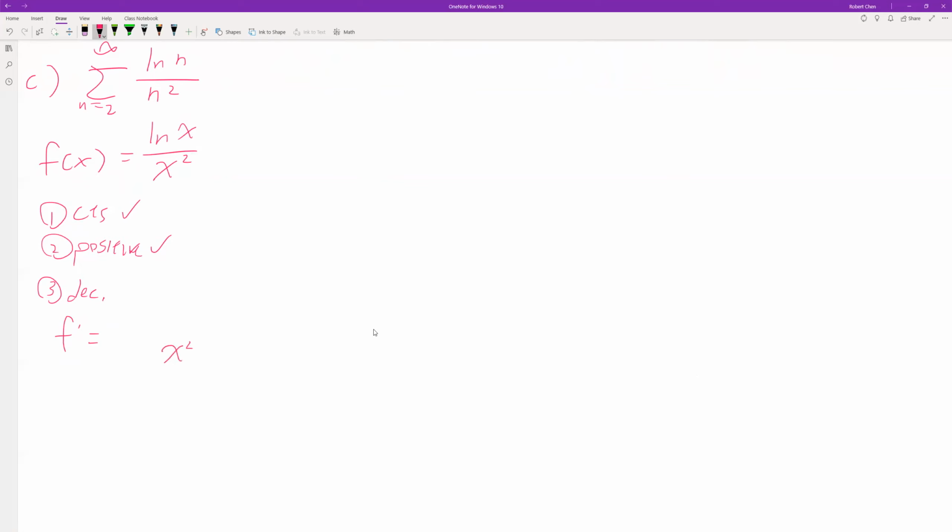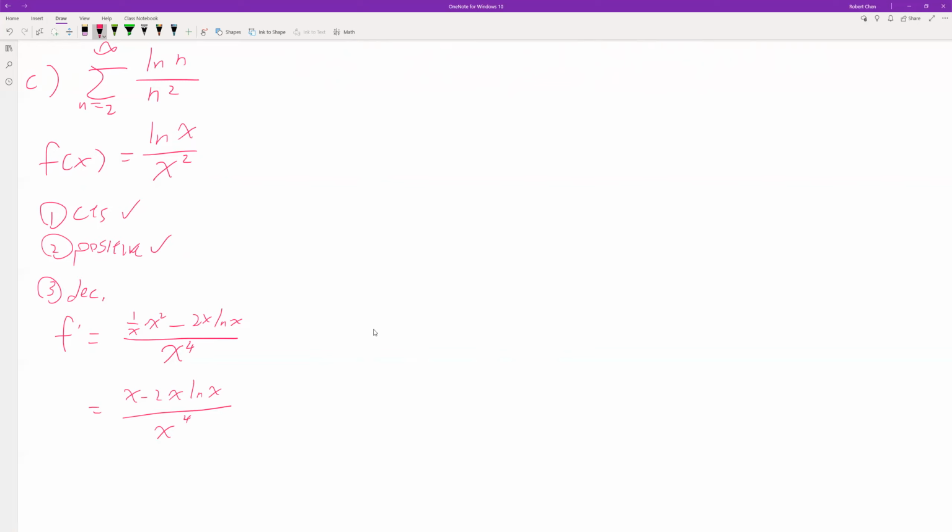So quotient rule: 1 over x times x squared minus 2x ln x, which will be x minus 2x ln x over x to the fourth power. So it's 2x, so this obviously is greater when x is large.